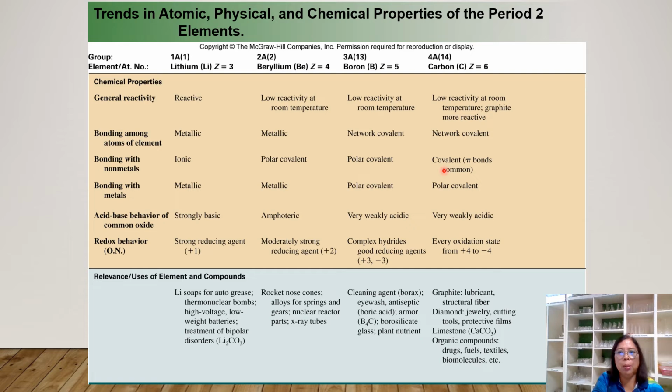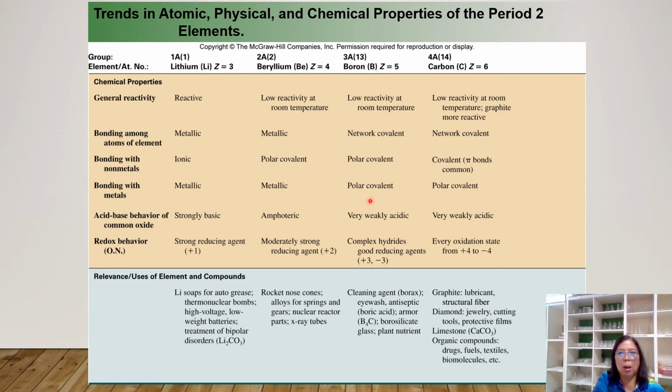However, in the case of carbon, as you have learned in organic chem, it is covalent because of the pi bonds. And then how about bonding with metals? In terms of group 1A and 2A, they are metallic.